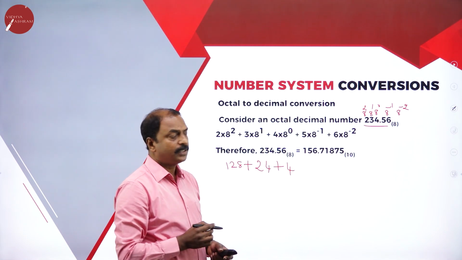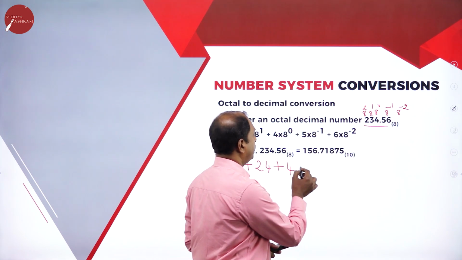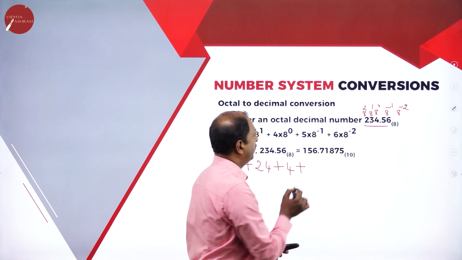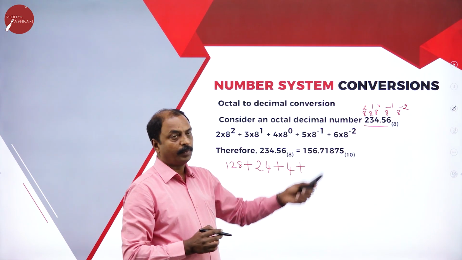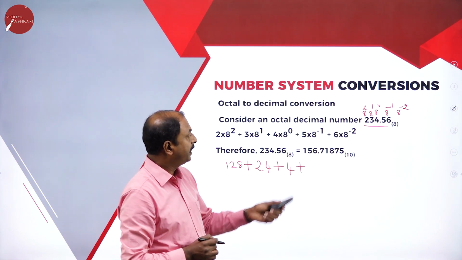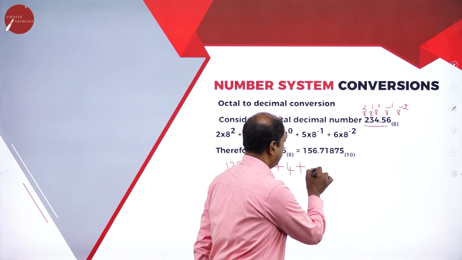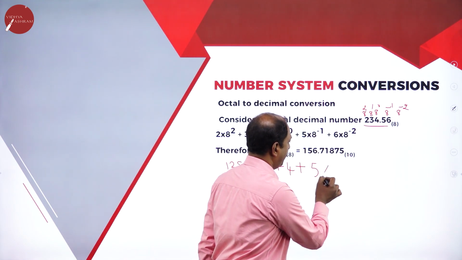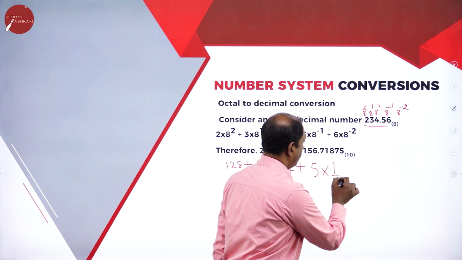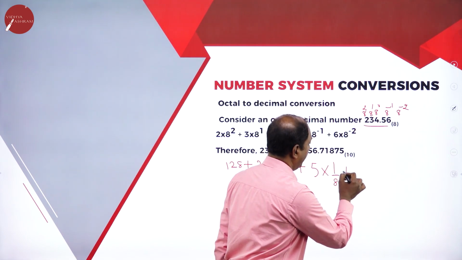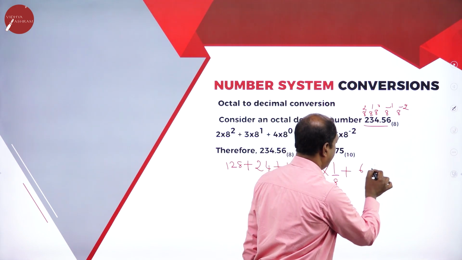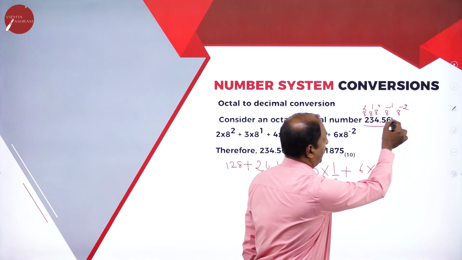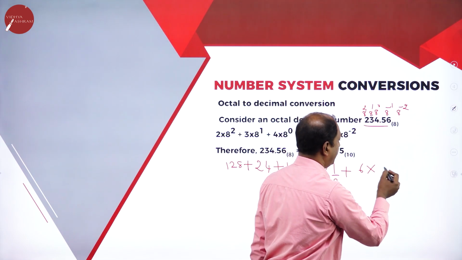1 into 4 is 4, plus 5 into 8 to the power of minus 1, which means 1 by 8. So 5 into 1 by 8, plus 6 into 8 to the power of minus 2, that is 1 by 8 squared.